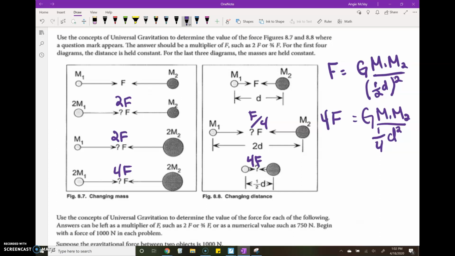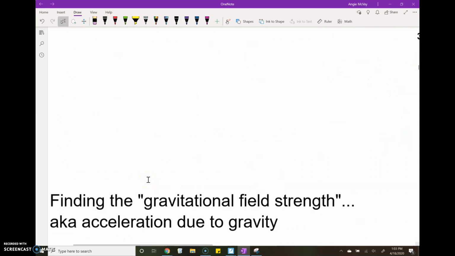Okay, 1 over 1/4 is 4. So let me know if you have any questions about that, but that's a proportionality way to solve these problems, whether or not you know the values of the mass and the values of the distance. You can still say proportionately how many times bigger or smaller the force can be when certain values are changed. Okay, I'm going to skip over those.